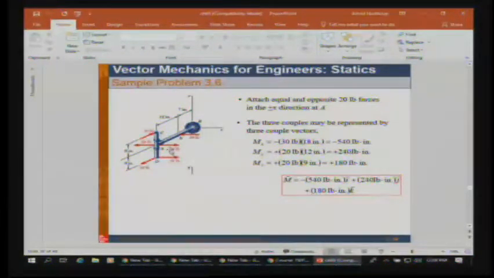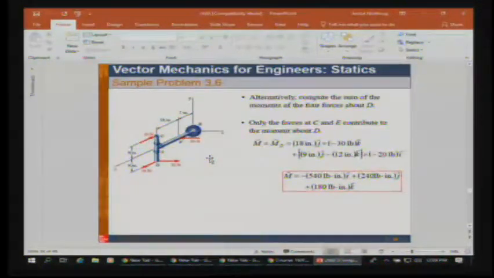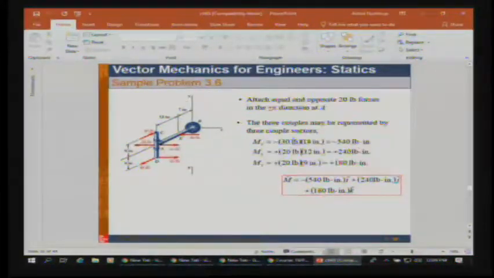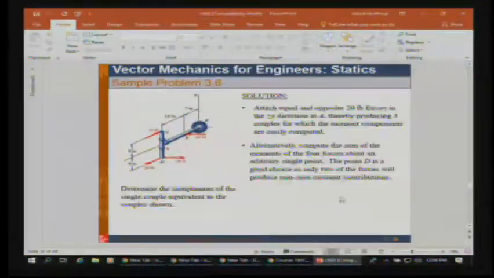So the 20-pound force is in the x direction, so we have a y direction and a z direction for that moment, and the 30-pound force is just going to have a moment in the x direction. We have those 3 moments. Then we can say that if we have an equivalent force couple, so in other words, this is negative 540, the units would be inch pounds, negative 540 plus 240 and plus 180.